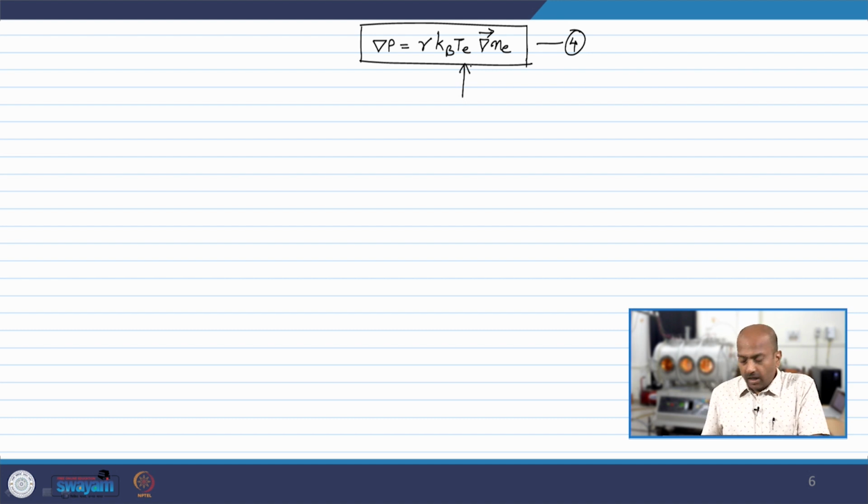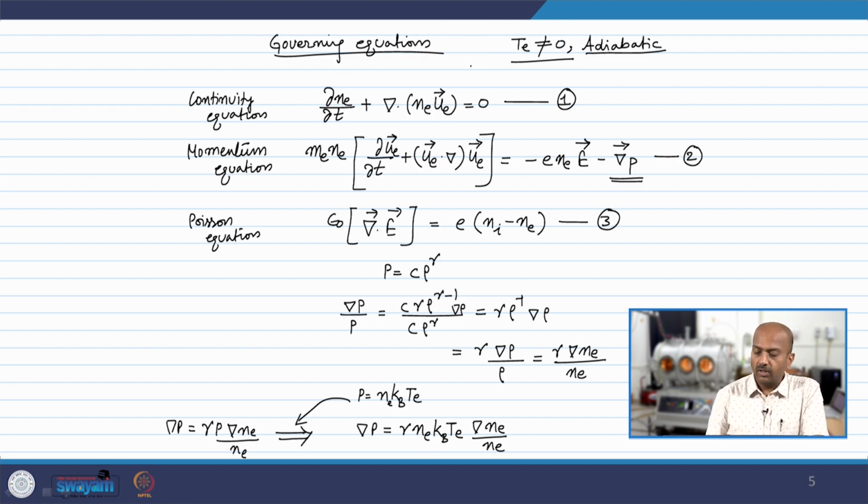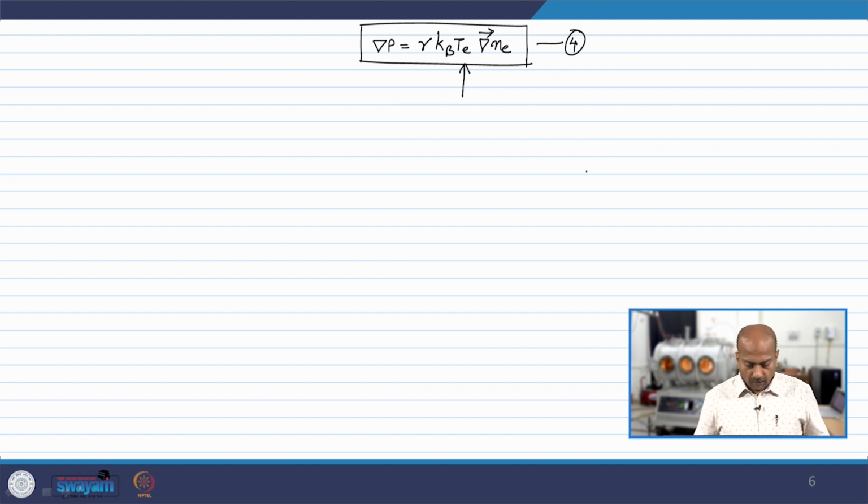Otherwise, in our earlier picture, since we made an approximation that we are considering cold plasma, the electron temperature was considered to be 0, and thus the equation that we dealt with contained only the electromagnetic force term on the right hand side, right.